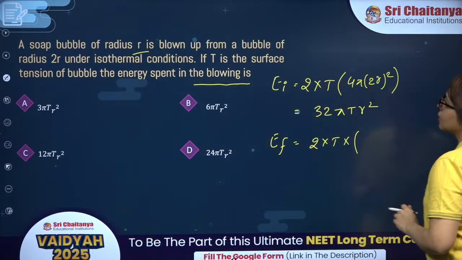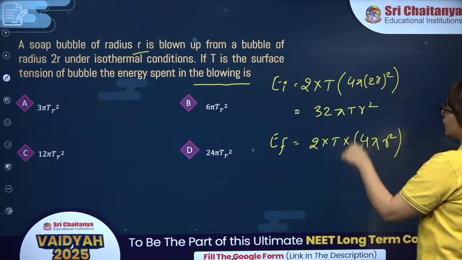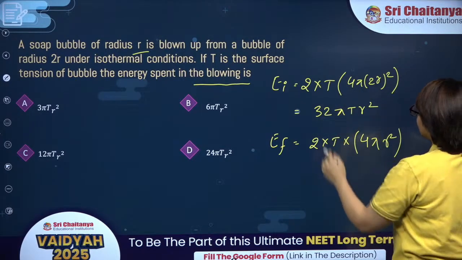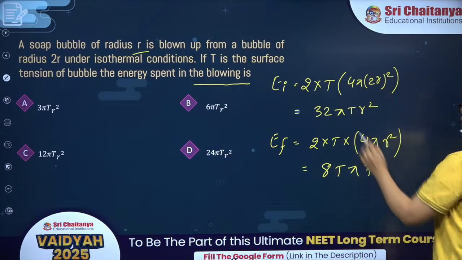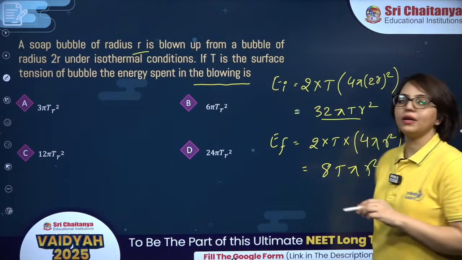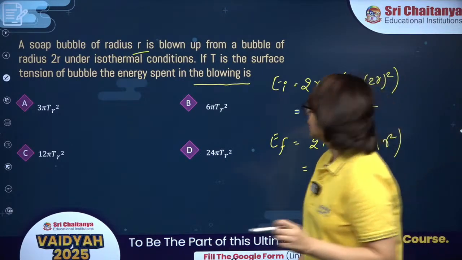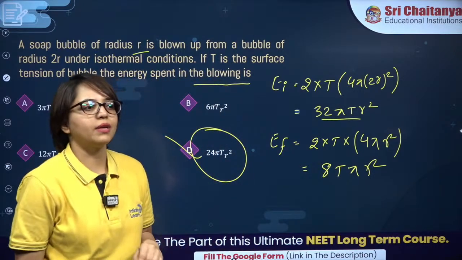Okay, so it will be 8 pi T r square, right? So in this case, we have energy difference as 32 pi T r square minus 8 pi T r square, which will be 24 pi T r square, which is option D, not option B beta.